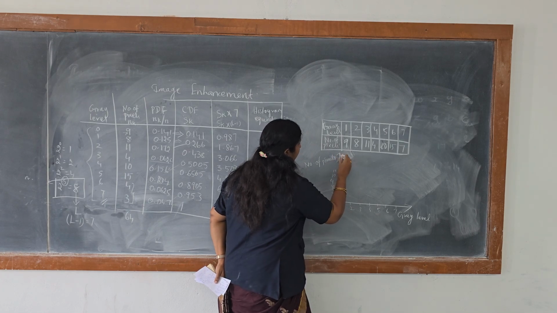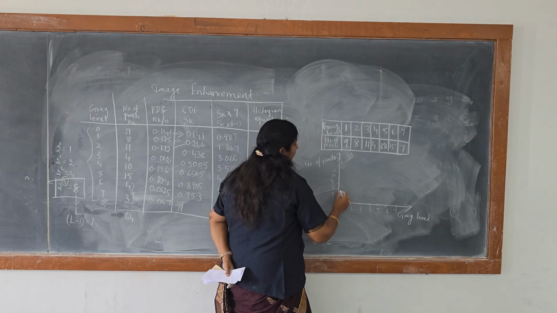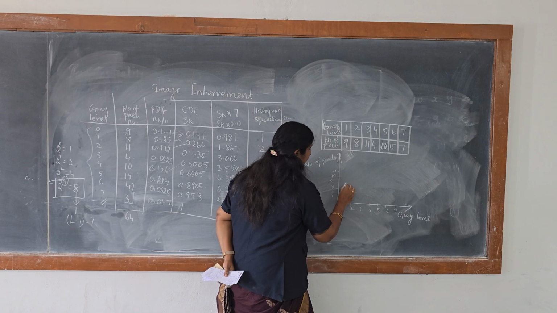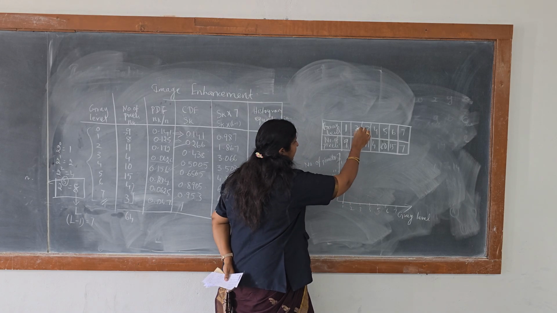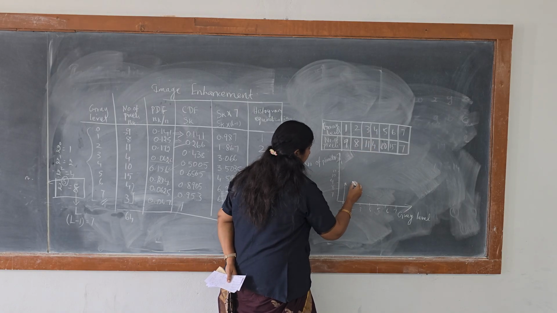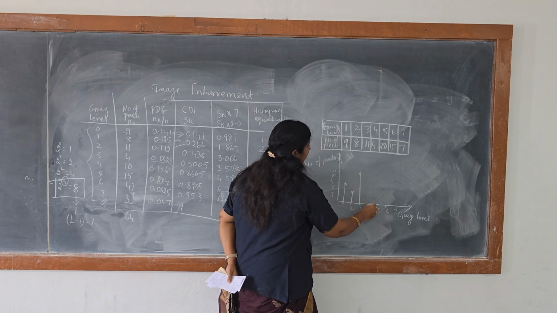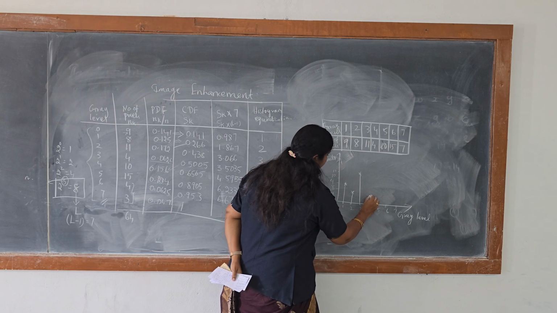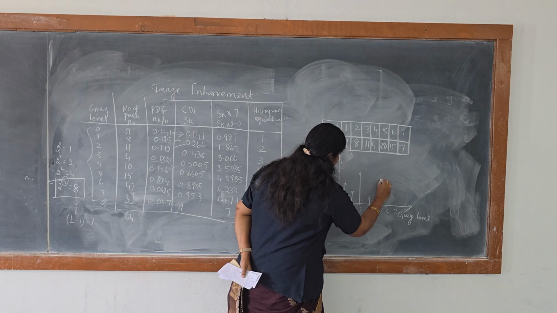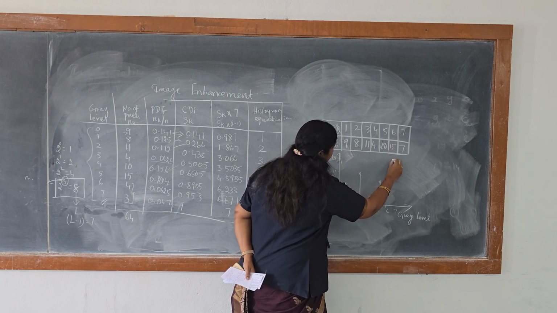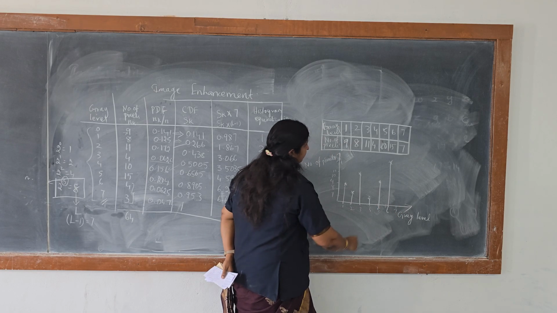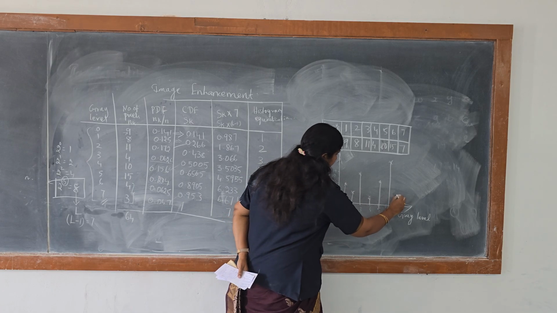So for gray level 1, the number of pixels is 9. Plot it like this. Then 2, 8. Then for 3, 11. Then for 4, it is 4. Then for 5, it is 10. For 6, it is 15. And for 7, it is again 7.